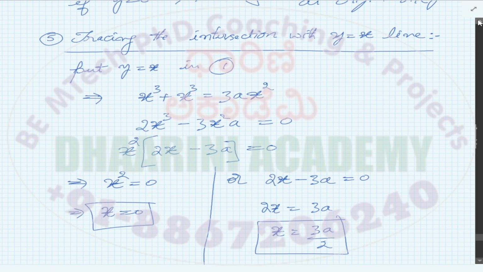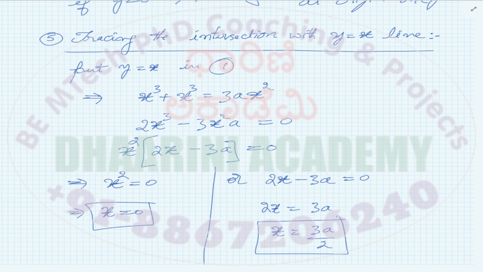What you do, you put that condition in your given equation. So you see here x cube plus y cube equal to 3axy. Put y equal to x here, gives you this equation. x cube plus x cube is equal to 3ax square. Simplify. 2x cube minus 3x square a is equal to 0. So x square looks like a common factor.